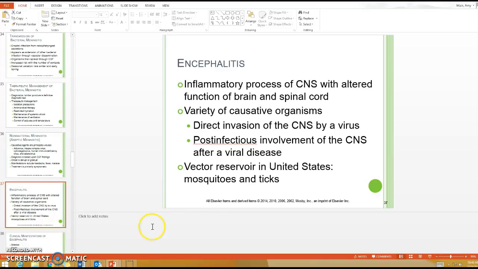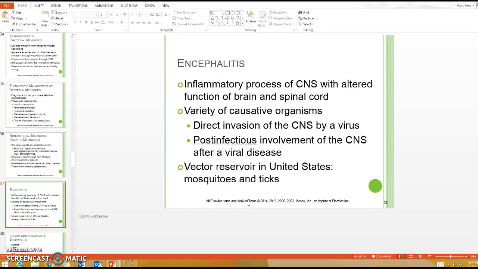So encephalitis, while we're talking about neurological infections and inflammations, encephalitis is an inflammatory process of the central nervous system, and it causes altered function of the brain and spinal cord. There are a variety of causative organisms. Typically they are viral, and it's when there's a direct invasion of the central nervous system with a virus.